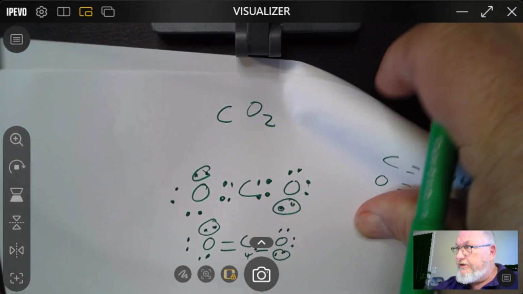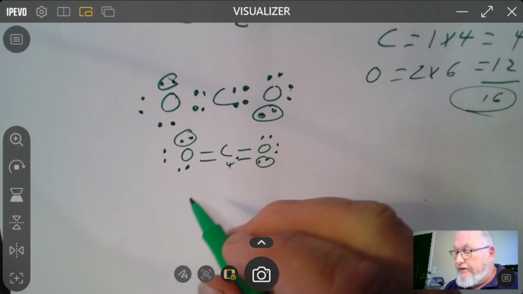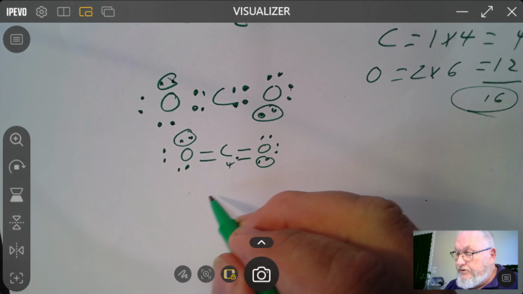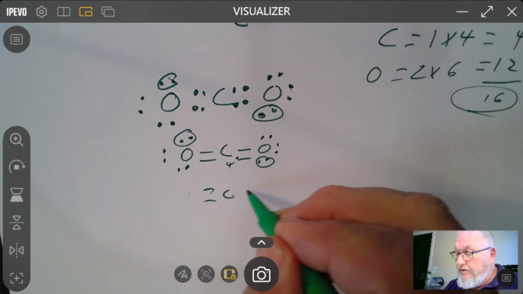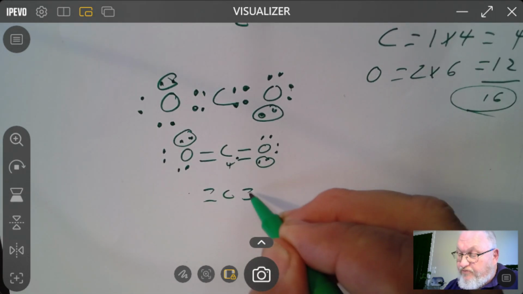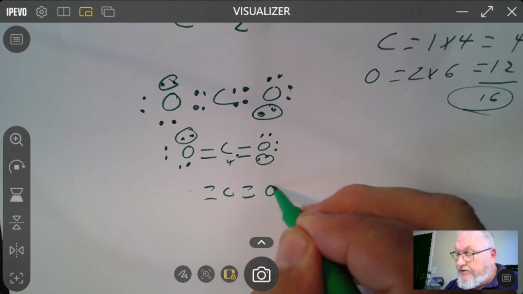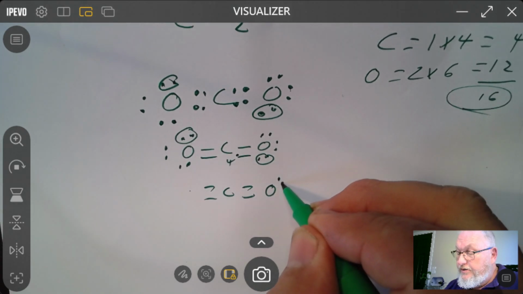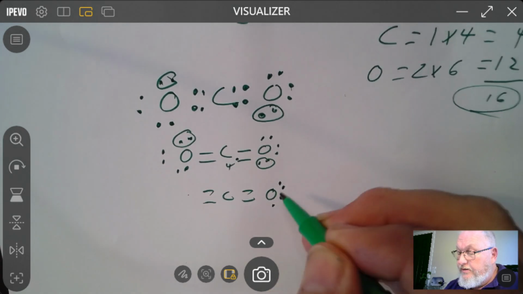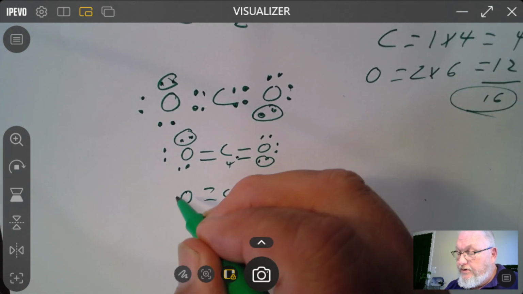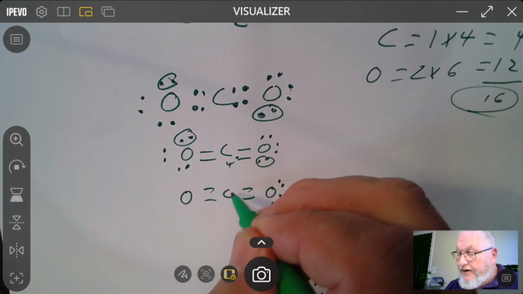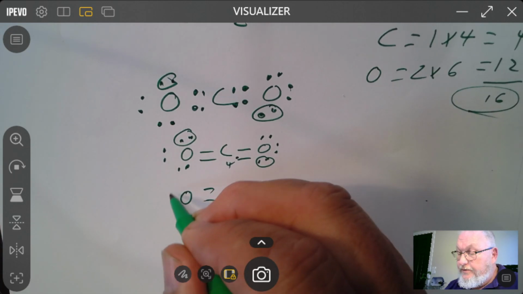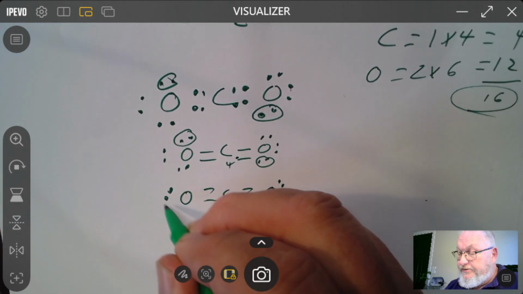Get this where you can see it. I'll come back and do some more with these. So carbon has 4 electrons bonding it to this one oxygen. That leaves the other 2. There's 4 there bonding it to the carbon, and that means it's got 4 left.